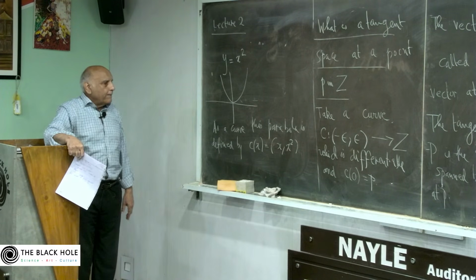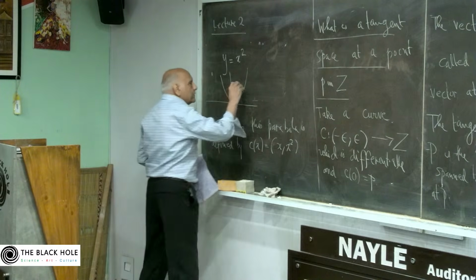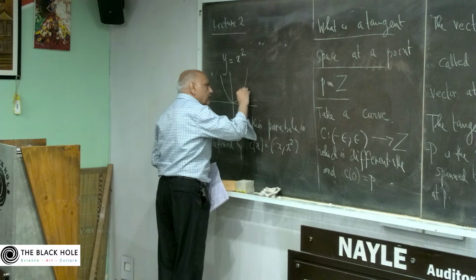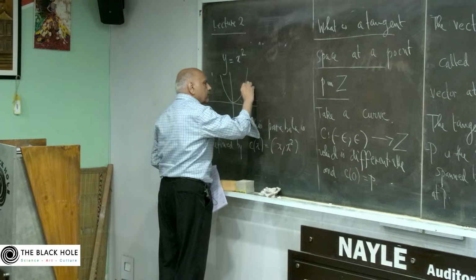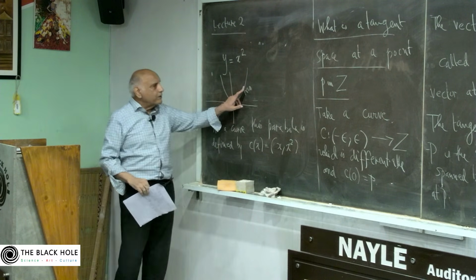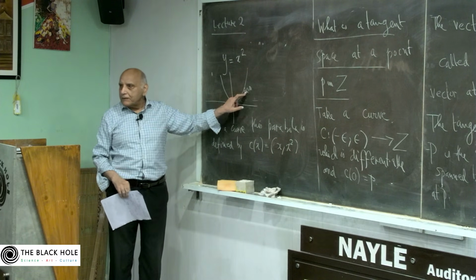So if I want, let's take point P, 1 and 1, right? Parameterize it around this point so that its value at t equal to 0 is this point.